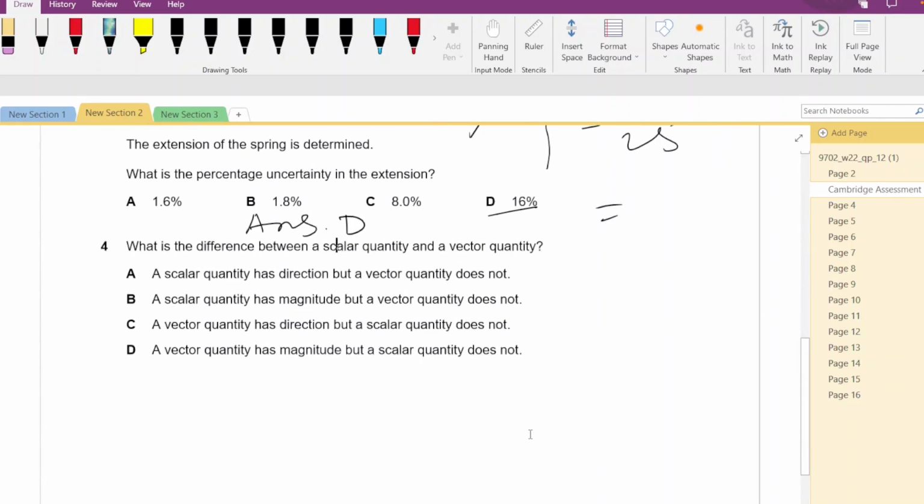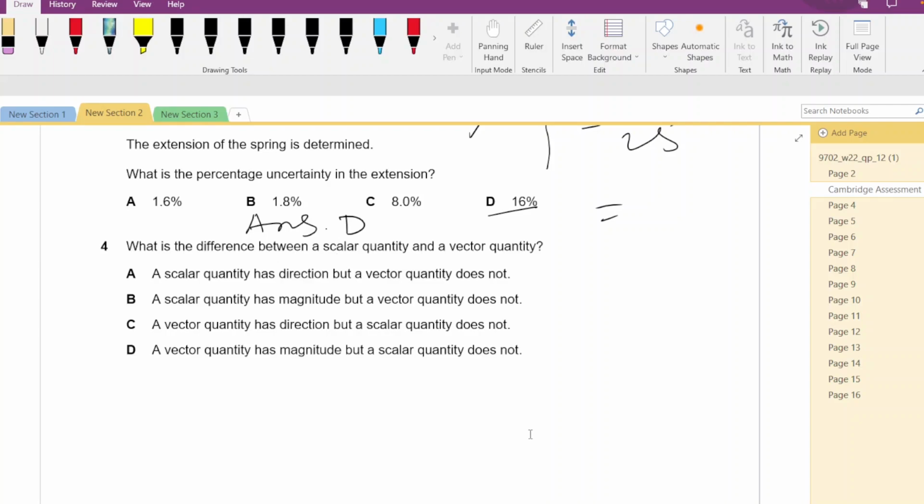Now at question 4, what is the difference between a scalar quantity and a vector quantity? We know a scalar quantity has only magnitude, but a vector quantity has both magnitude and direction.